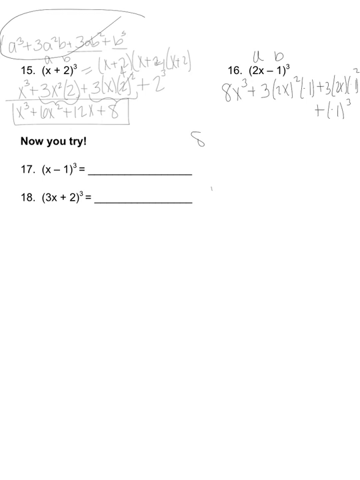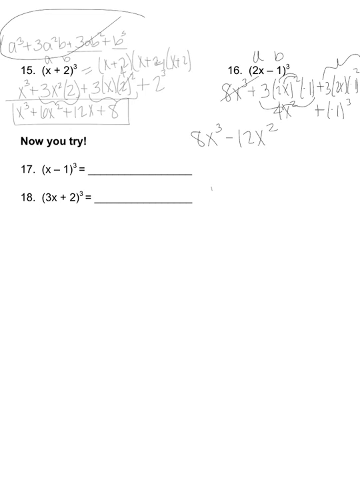Okay, so I have an 8x cubed. And then I'm going to work this out here. When I square 2x, that's going to give me 4x squared. So I have 3 times 4x squared times a negative 1, which would give me negative 12x squared.